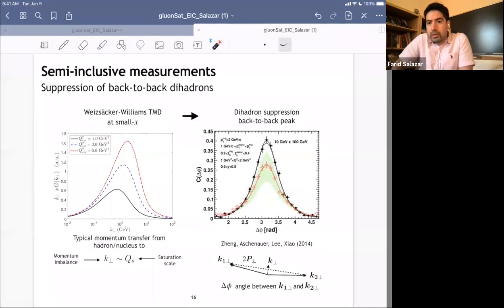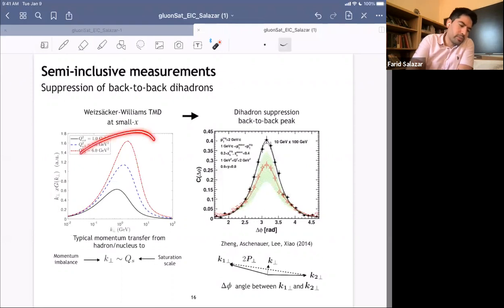So this suppression was observed at RHIC, and a similar mechanism is expected to happen in DIS. And this suppression and broadening of this distribution happens because this dihadron pair is going to get a momentum imbalance from the nucleus, and that momentum imbalance is of order of the saturation scale. So if the saturation scale is bigger, you get more momentum imbalance, you get more broadening of this peak.